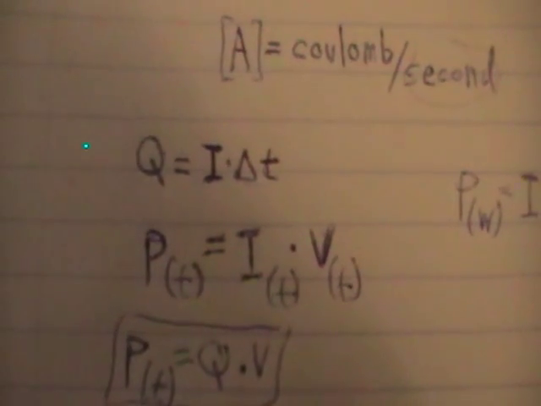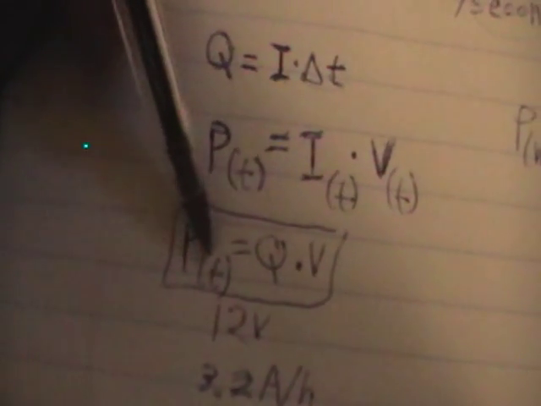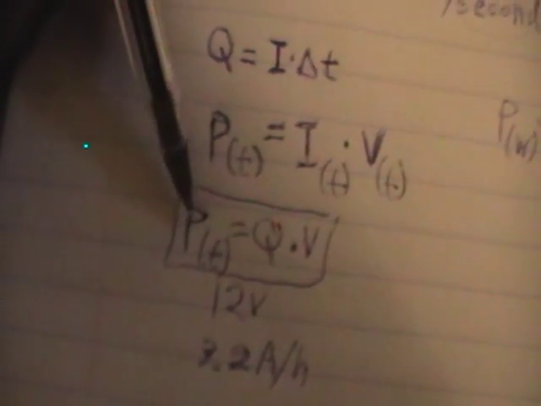So let's see. You see? It's very simple. Very simple. A charge is just a bigger number, so this will be bigger too, and it will be measured in joules or watts per second.